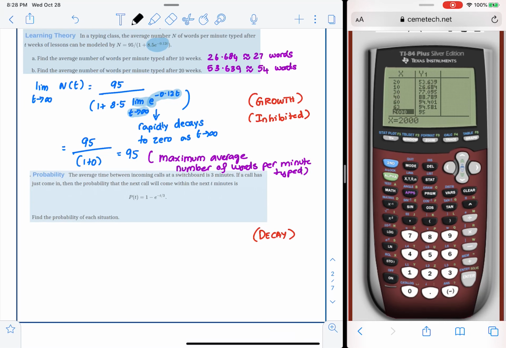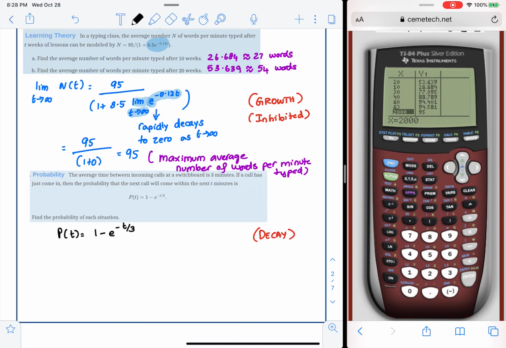So at time t, we have the probability as 1 minus e to the minus t over 3. And the average time between calls is 3 minutes.